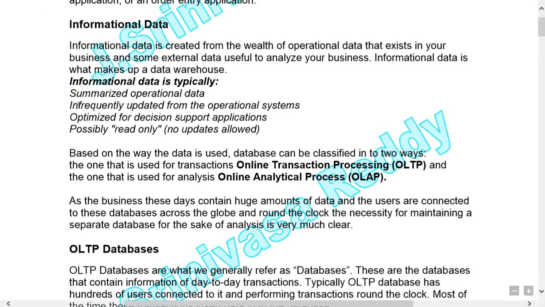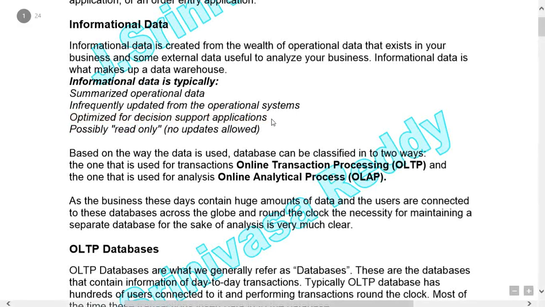This informational data is infrequently updated by taking data from operational source data, right? It is exclusively optimized for management decisions. That's why it is optimized for decision support applications.